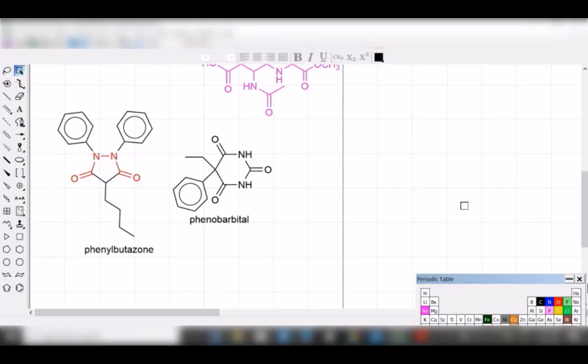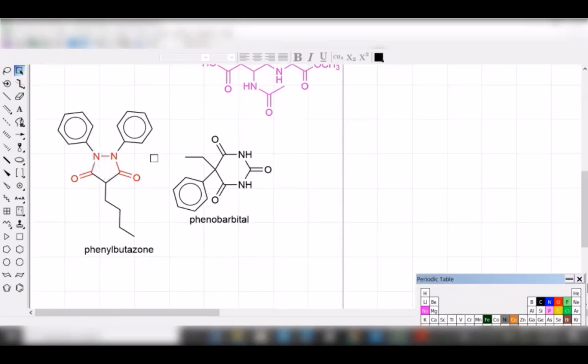This is not a functional group in your syllabus. It looks like an amide, but it's not an amide. However, it behaves similarly to an amide because it seems to be like a diamide, so you have an amide here and here.